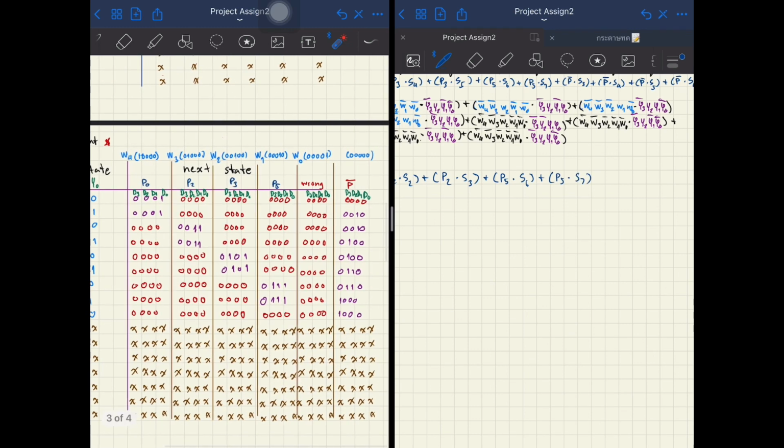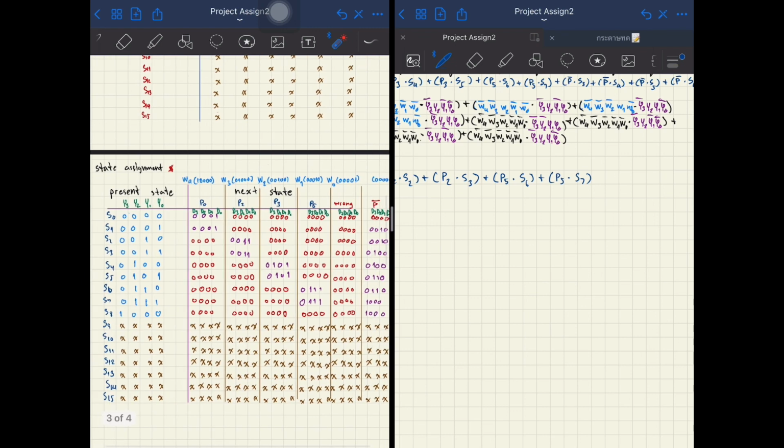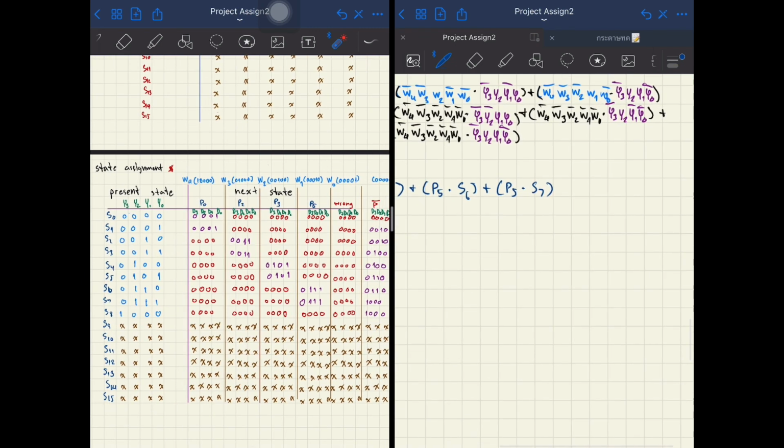Next we move to the row with D1, here not press at state 1, state 2. So we or with P bar and with state 1, or with P bar and with state 2.